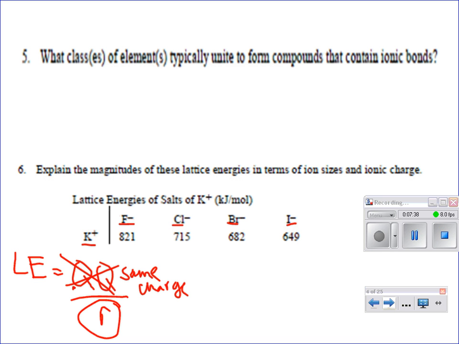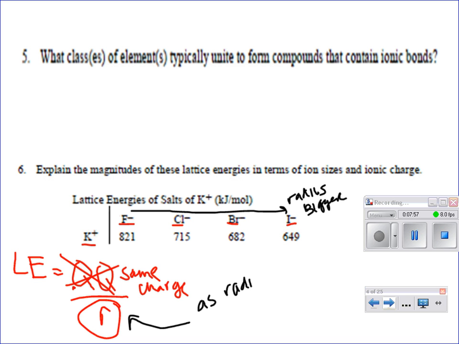What's going on with the radius of these halide ions? As we go across, what's happening to the radius? Bigger. Radius is getting bigger because we're going down the table there. We're more shielding. So as radius gets bigger, what happens? Lattice energy decreases. That's all you need to do. As radius gets bigger, use that equation to show it.